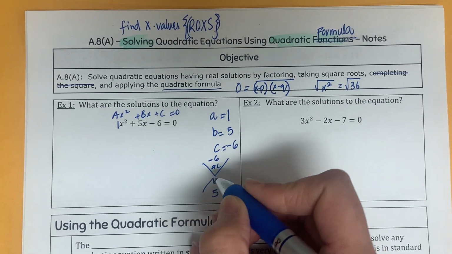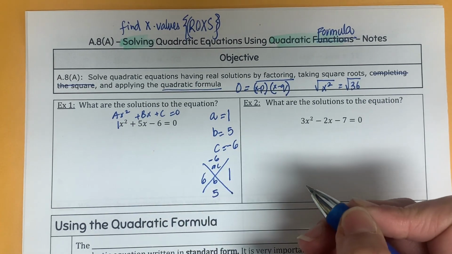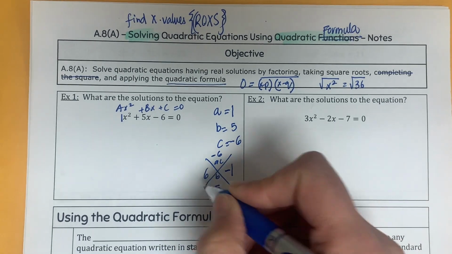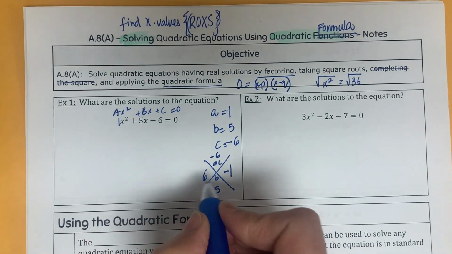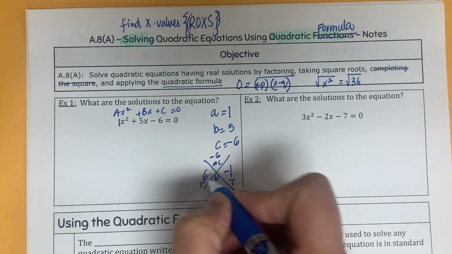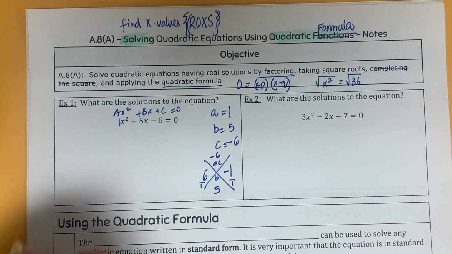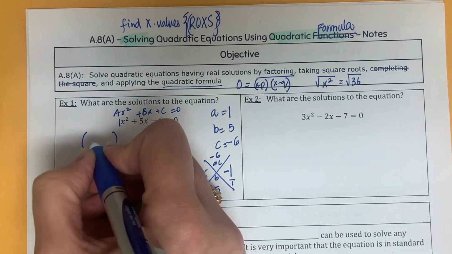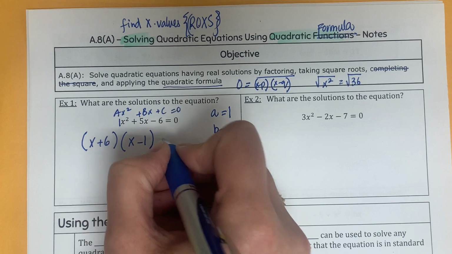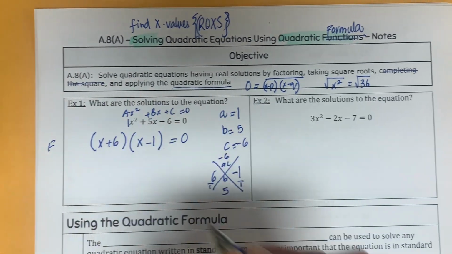So my values should be 6 and negative 1. A is 1, so if I divide by 1, I still have the same numbers. So my factors are x plus 6 and x minus 1 equals 0.